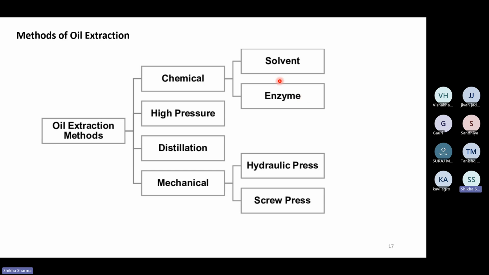In enzymatic techniques, enzymes like papain, or cell wall degrading enzymes like pectinase or cellulase, can be used. Then high pressure can also be used for extraction of oil. Then there are the distillation method and the mechanical method. In mechanical, there can be a hydraulic press or screw press.